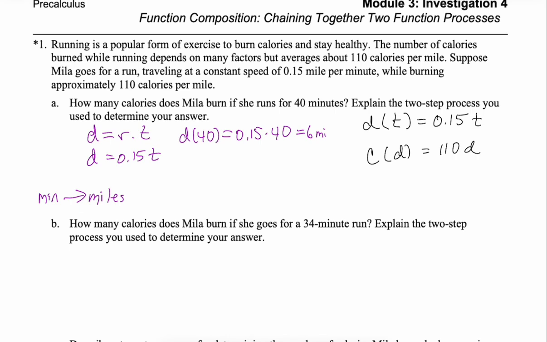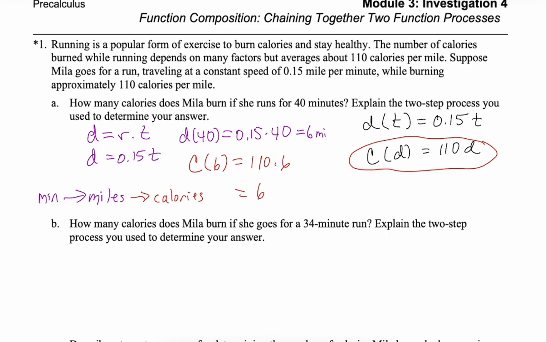So then I made up this equation right here: if I know the distance, so I'll make that D, and I just take 110 times that distance, if the distance is in miles, I get calories. So then we're going to calories. So I know it's 6 miles, so the calories is just going to be 110 times 6, or 660 calories.